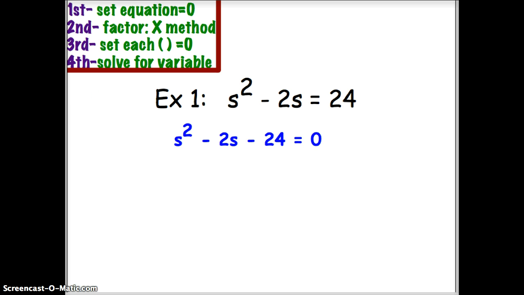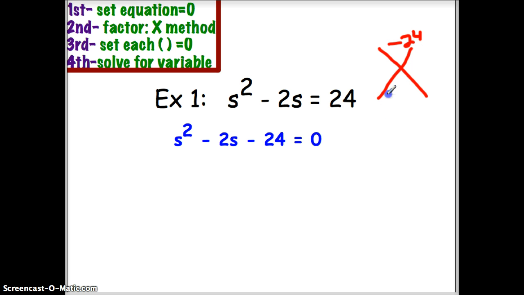Now, zero product property, I've got to get to a point where I can actually use that. So before I can do that, I have to set up my x method. So let's see, factors of negative 24 that add up to negative 2.